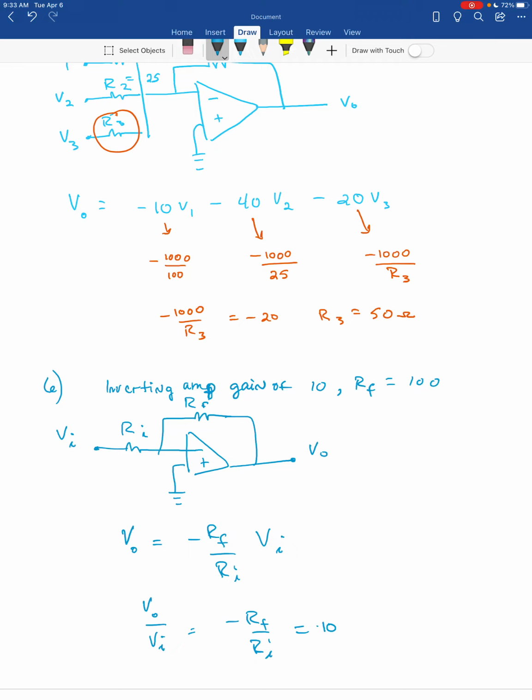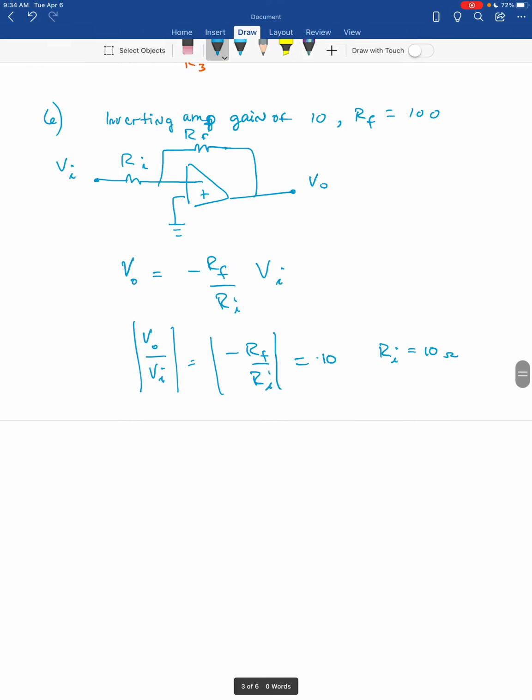Okay, so let me say one thing. When you talk about gain, you're ignoring the negative sign, because you're just looking for by how much the voltage is magnified. So that means that our input, if our feedback is 100, our input would have to be 10.